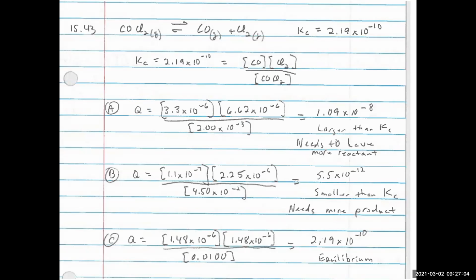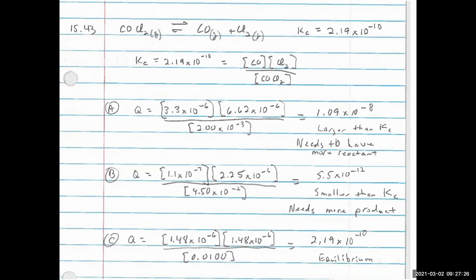So this is the benefit of the Q calculation. It's simply allowing us to calculate this ratio of products to reactants at some point in time and allow us to compare it to the equilibrium constant and see which way that reaction would like to proceed.